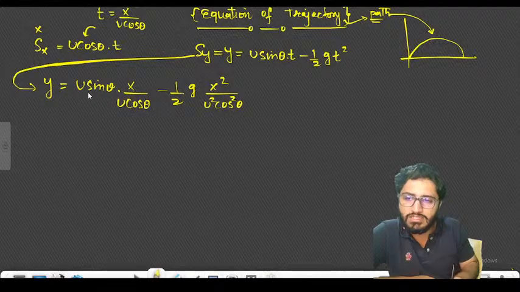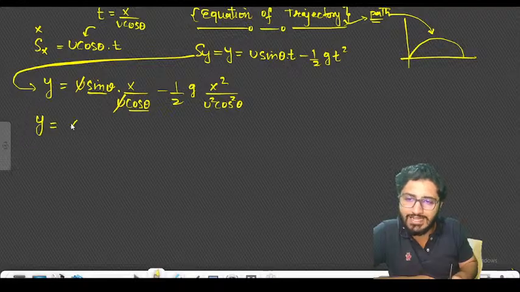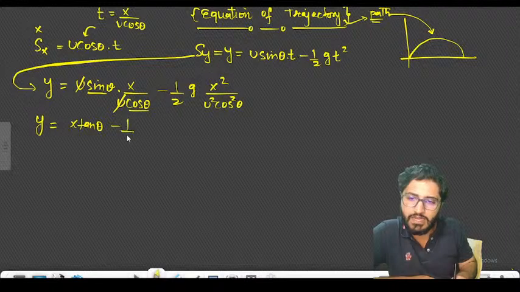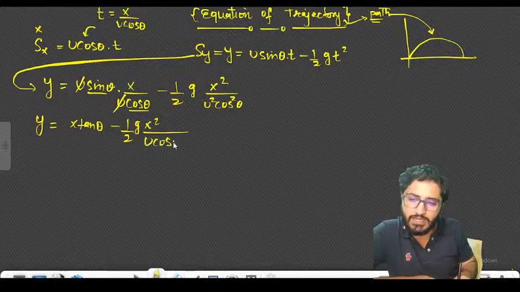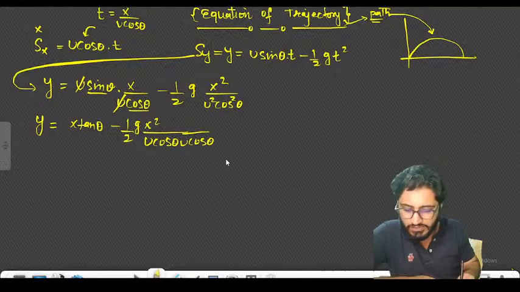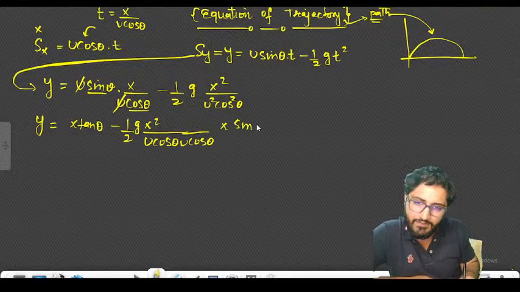Look now. Sin theta by cos theta is tan theta, and the u cancels out. So y equals x tan theta minus 1/2 of g x square divided by u cos theta into u cos theta. We know this thing very well. Just multiply it with sin theta and divide it with sin theta.